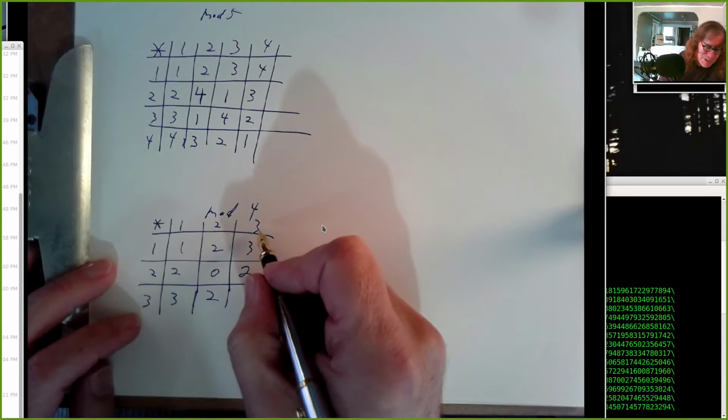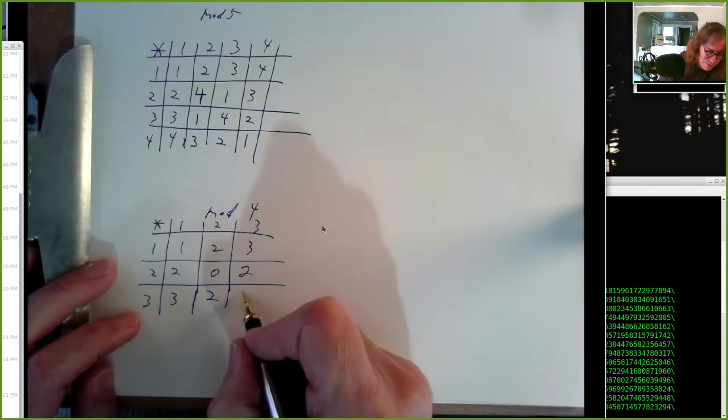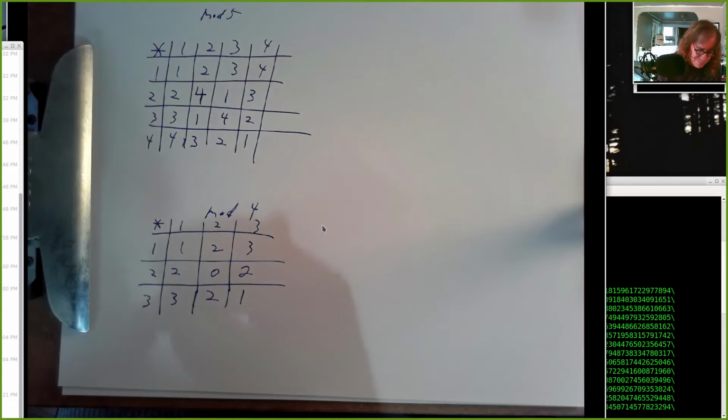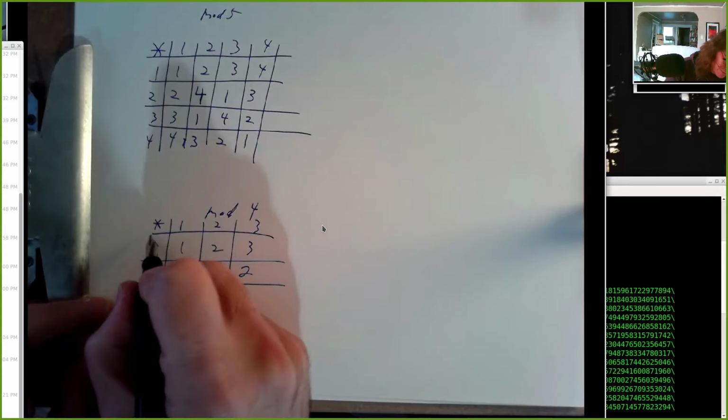And 3 times 3 is 9, which is 1 more than 8. So that's 1 more than a multiple of 4. All right, so here's our multiplication table.